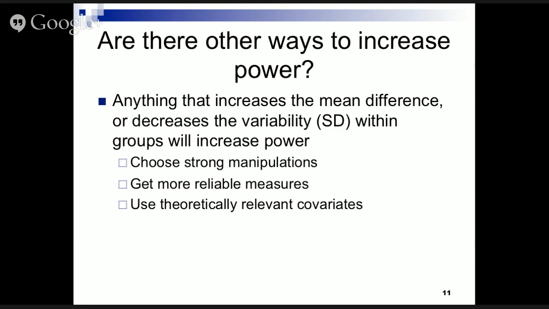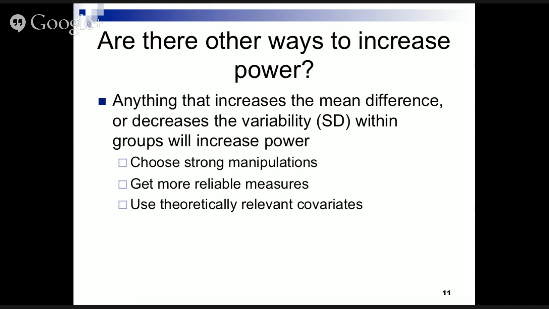Another thing you can do is use theoretically relevant covariates. I want to stress the theoretically relevant part of that sentence. For example, if I'm looking at the difference in height between men and women, there might be some covariates which are theoretically relevant to that height difference, and are probably going to soak up some noise in my data.